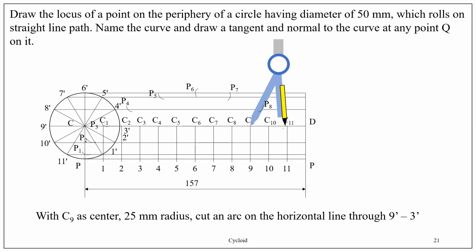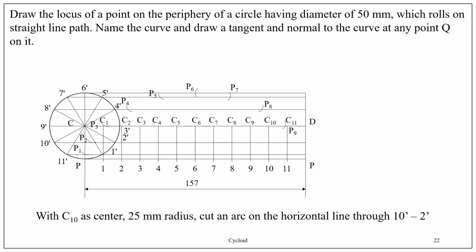With C9 as center, 25 mm radius on the horizontal through 9 dash, obtain point P9. Now with C10 as center, 25 as radius on the horizontal line through 10 dash, obtain P10. With C11 as center on the horizontal line through 11 dash, cut an arc and obtain P11.